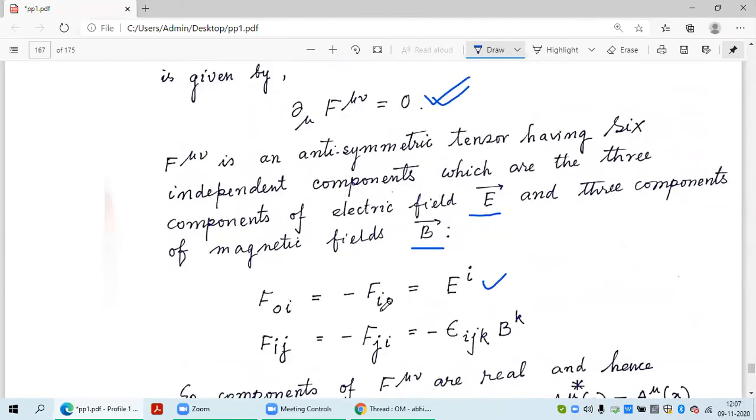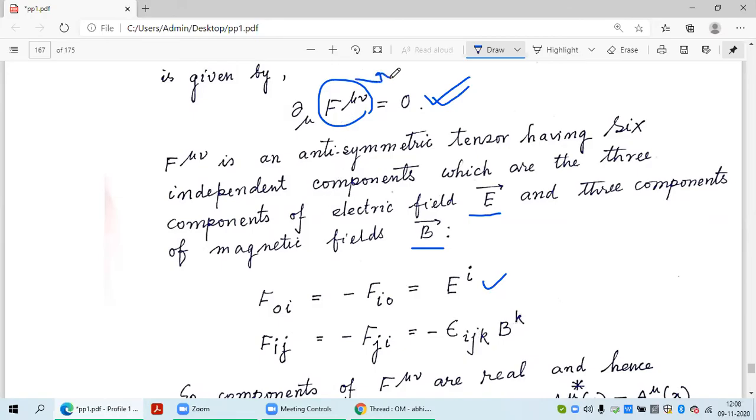Because F01 is E1, F02 is E2, and F12 is minus B3, F23 is minus B1, like that. So there are 6 components, all are electric and magnetic fields. Therefore, electric and magnetic fields are physically measurable quantities, their components are real numbers. Therefore, F mu nu is real.